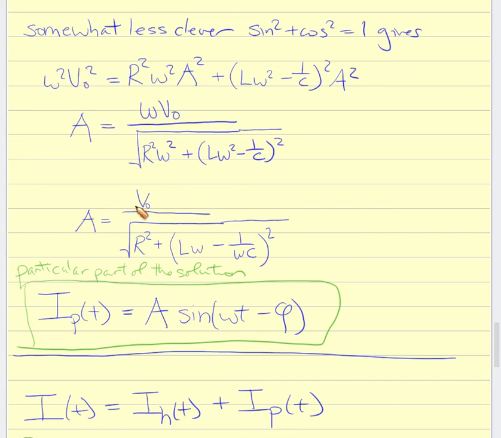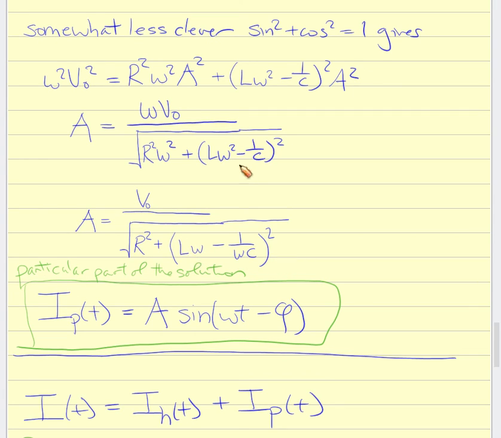and doing one more simplification, we're going to divide omega from top and bottom. When we divide it from the bottom, moving it through the square root sign is going to make it divide by omega squared instead of just omega.